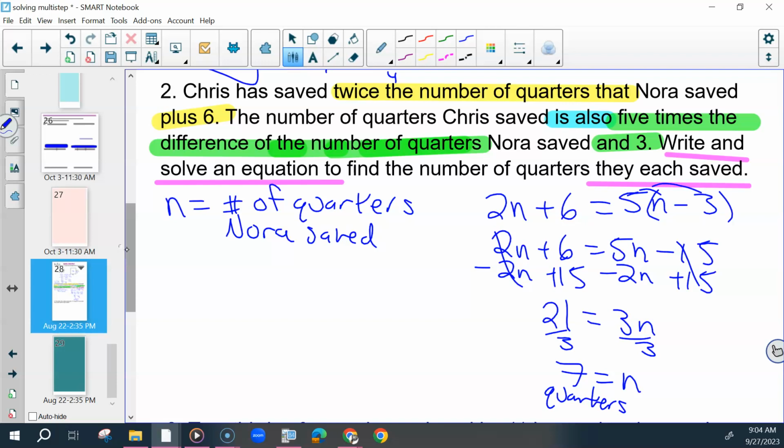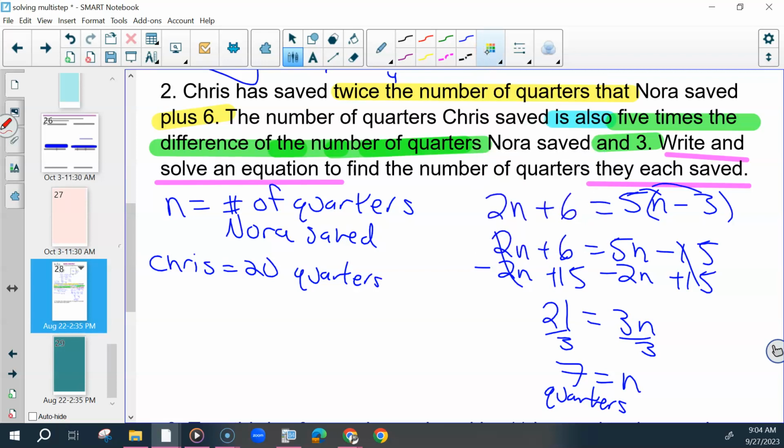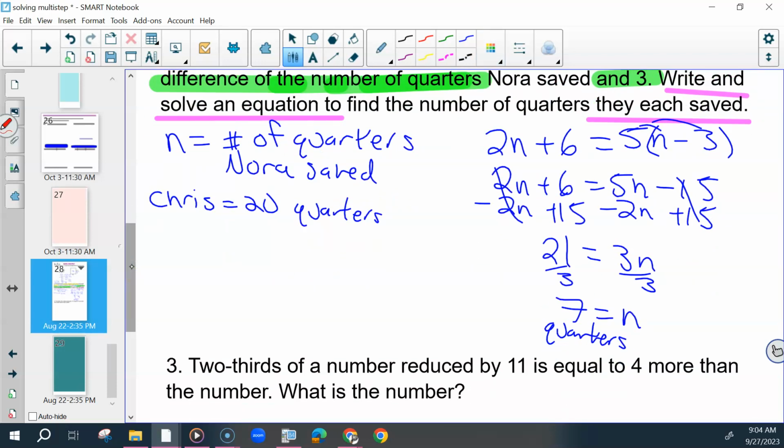How many quarters did we get? 20. On both sides, you should have gotten 20. So I'm going to write that down, and then I'm going to show both steps. You don't need to write both sides down if you did one, but you can if you so choose.